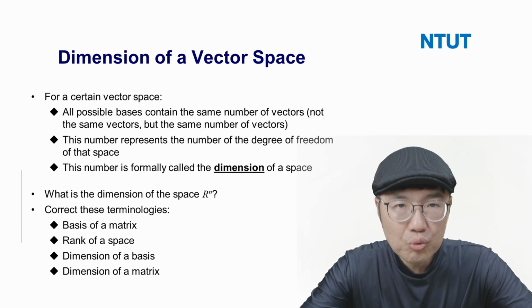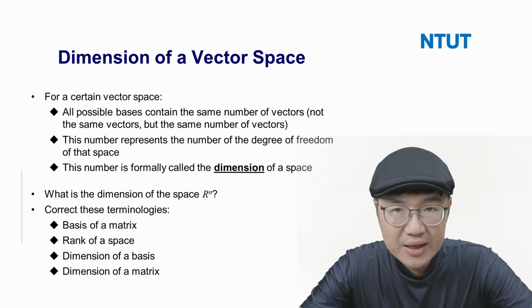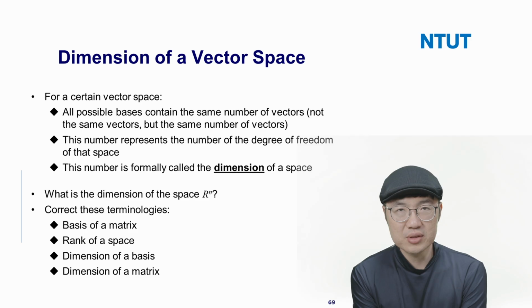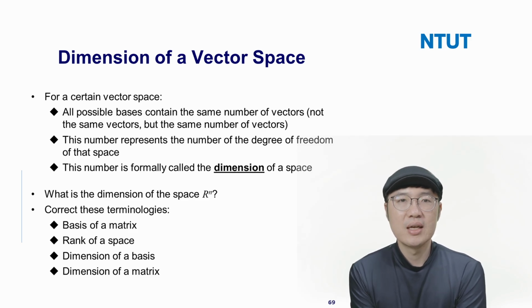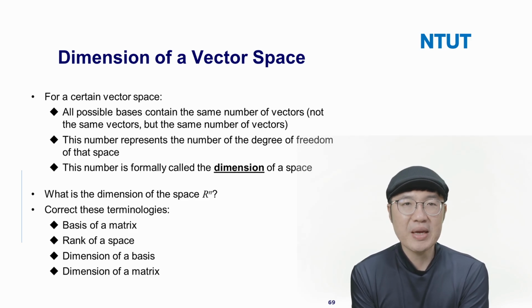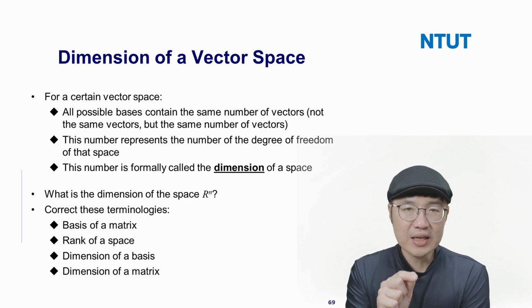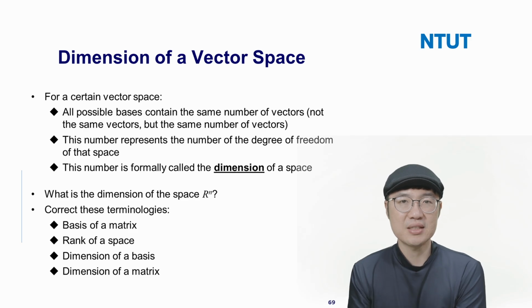With the basis at hand, now we can finally introduce the formal definition for dimension. The dimension of a vector space or vector subspace is the number of vectors in a basis.